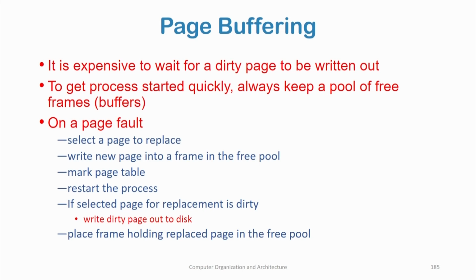So, when we need to replace, as before we select a victim page. If that page is dirty, we will write it to the disk, but before writing this victim page to disk, we select a page from the free pool and allocate this for replacement, and therefore the system does not have to wait for the victim page to be written to disk before replacement.